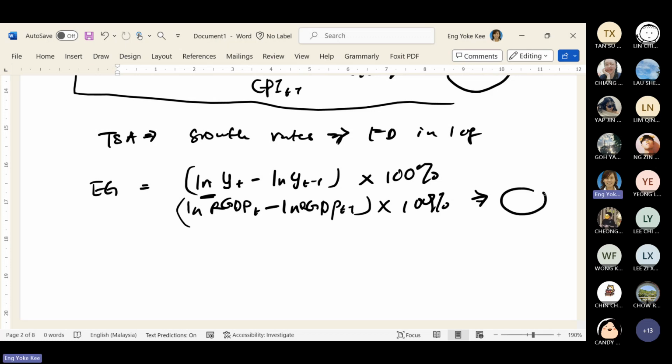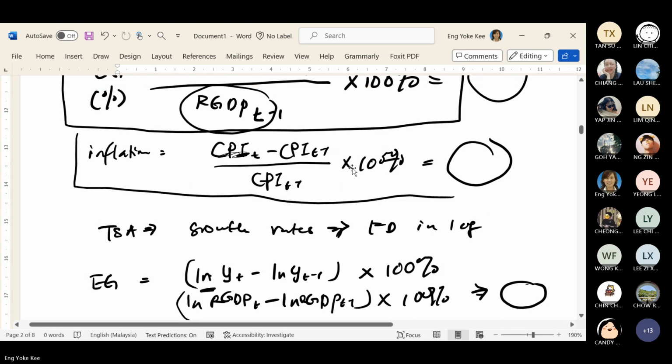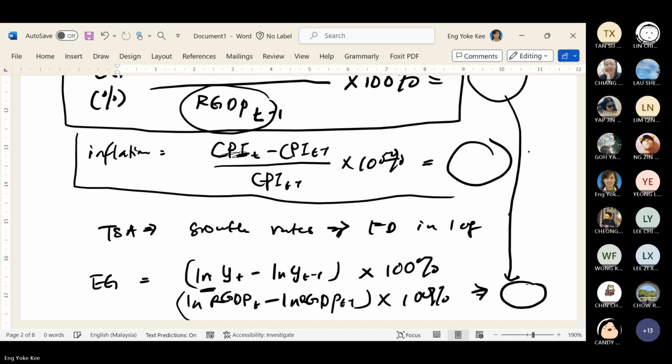You see that the growth rate that I calculate, this number will be very, very close to the growth rate that I see here. These two numbers, very, very close. Okay, so this is normally how we do things.